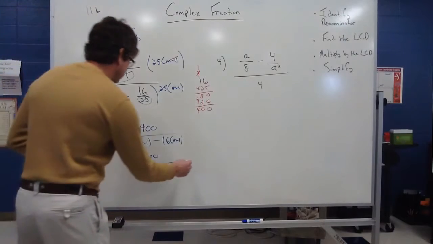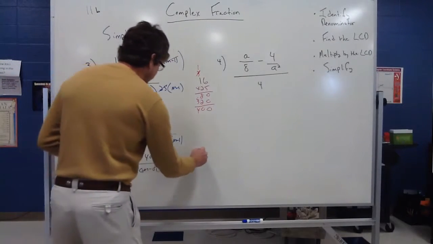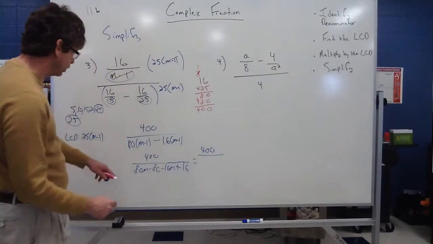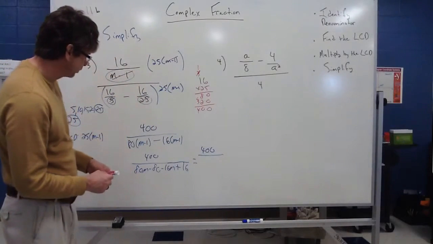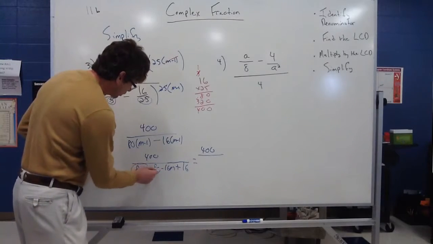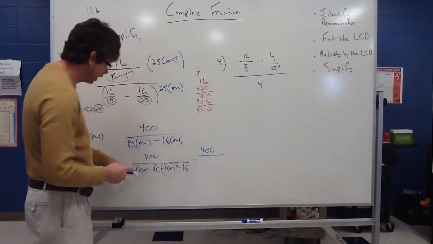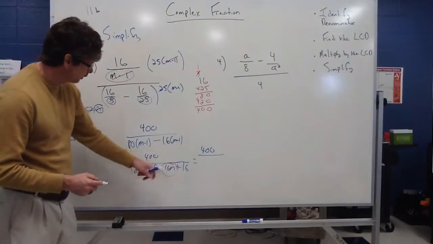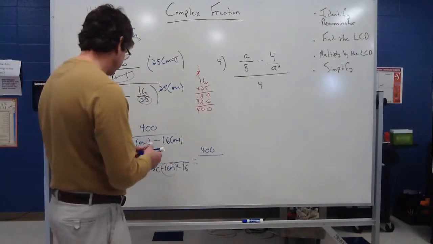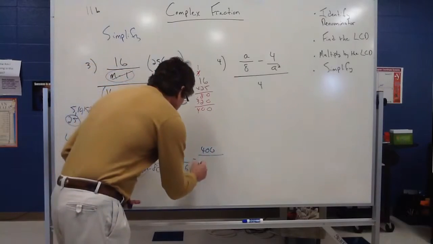So the 400 is still left on the top. And on the bottom, we should see that 80m and a negative 16m are like terms. So again, I can focus on those coefficients, 80 and a negative 16. That's going to take me down to 64m.